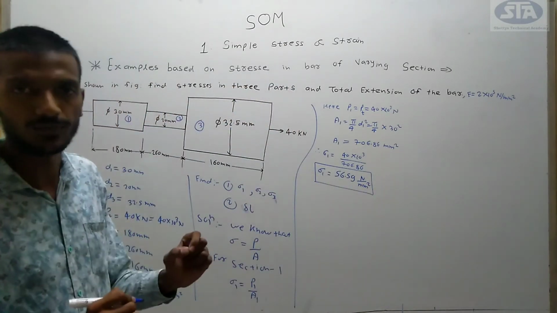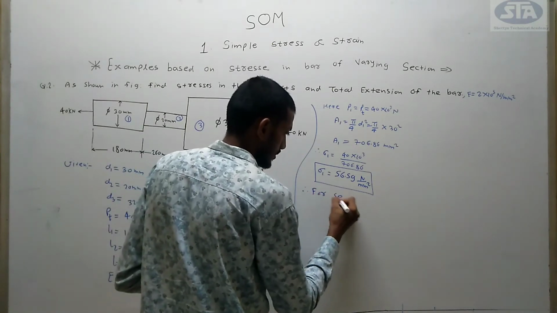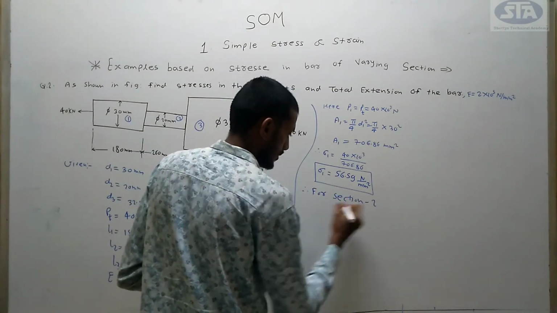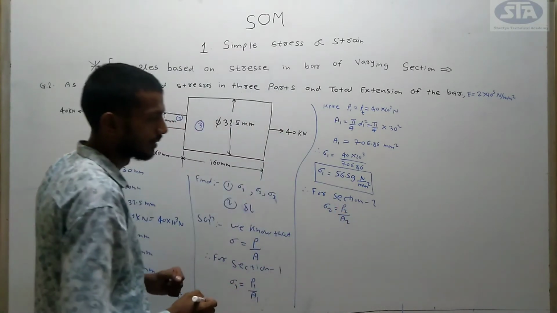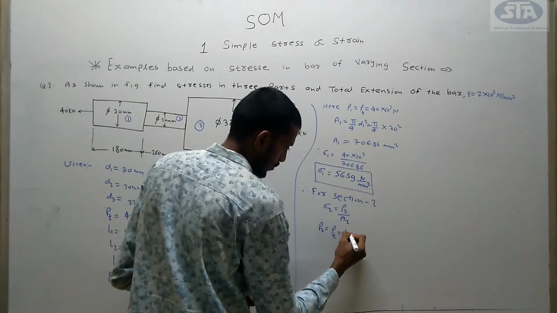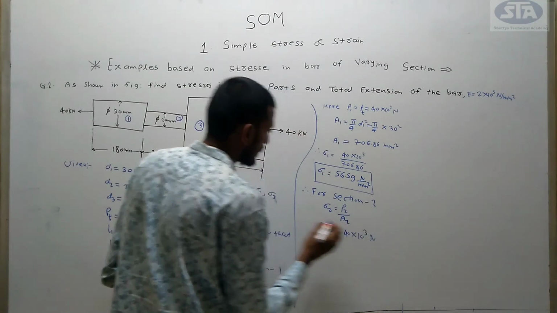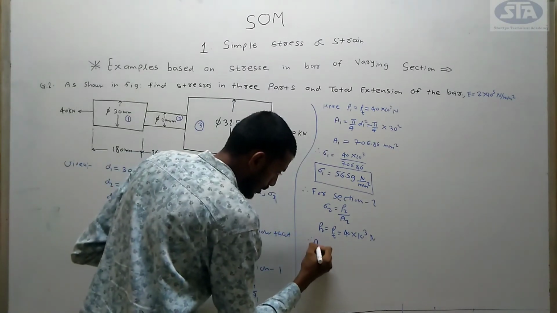Similarly, for section 2, sigma 2 is equal to P2 upon A2. Again, P2 is equal to PT, which is 40 into 10 raised to 3, because we are applying the same force on each part. Next, we have to find area 2.